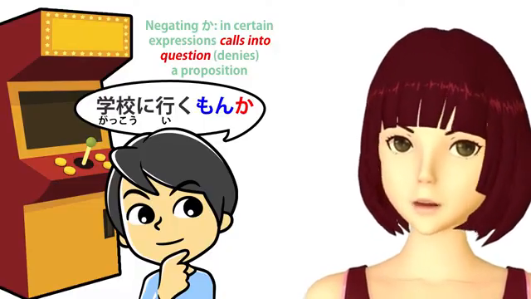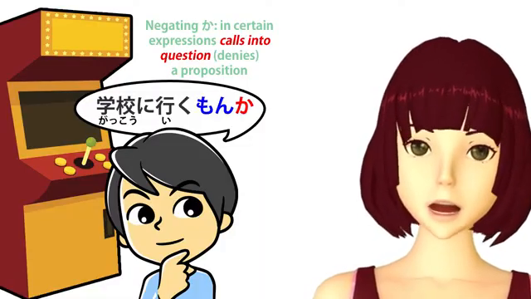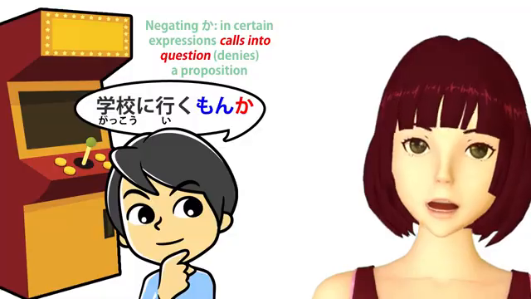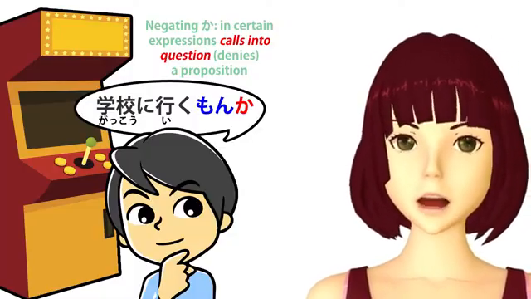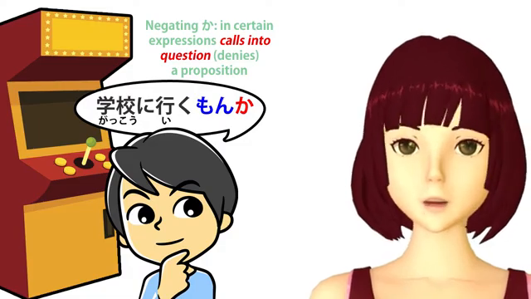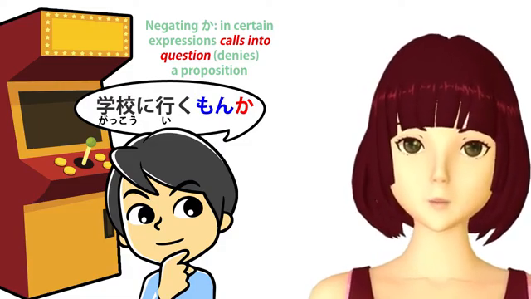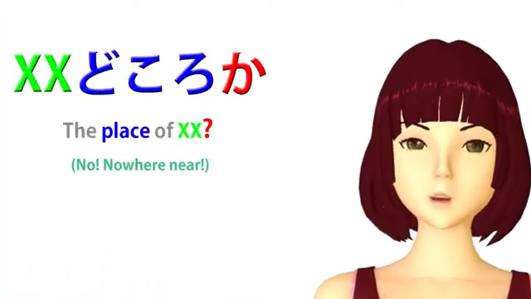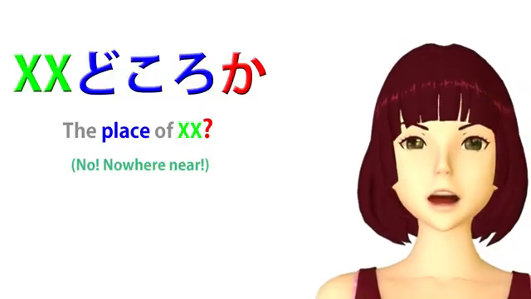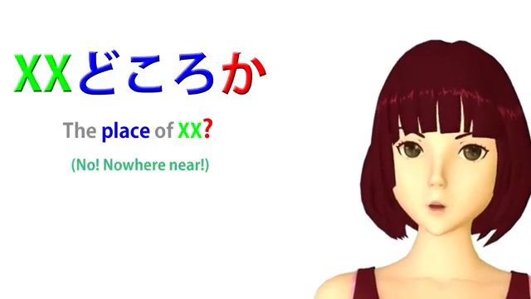And you notice here that we are, in fact, using the ka marker after a regular non-formal sentence. And that's because monka or mono ka is in fact rather a rough way of talking. You're denying something very forcefully and often in opposition to somebody. Another place where we often see ka as a negativizing question marker is again dokoro ka.